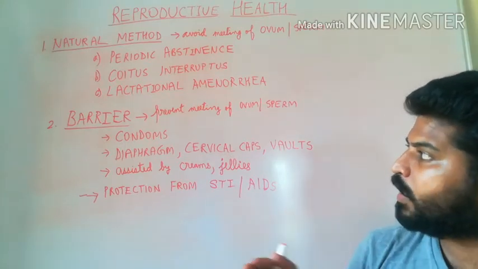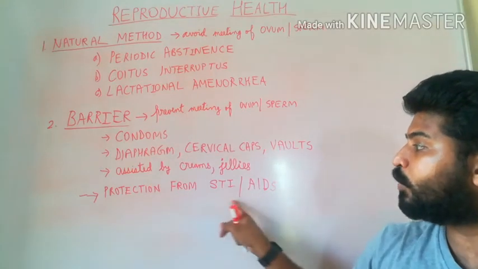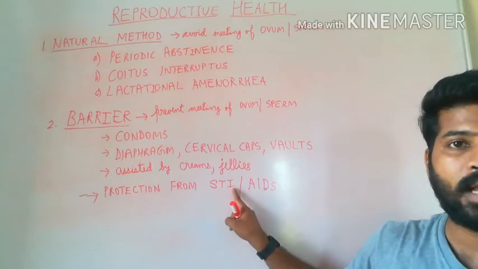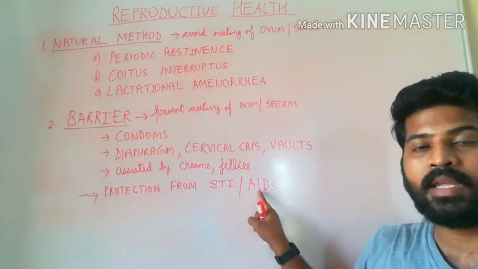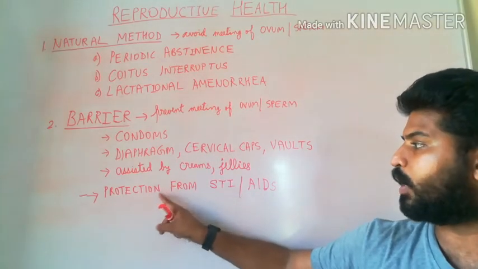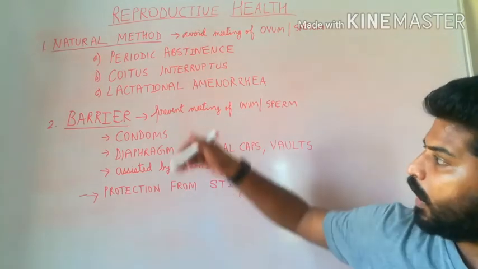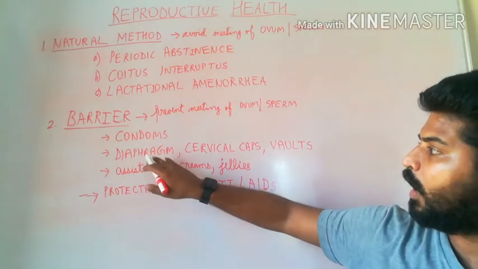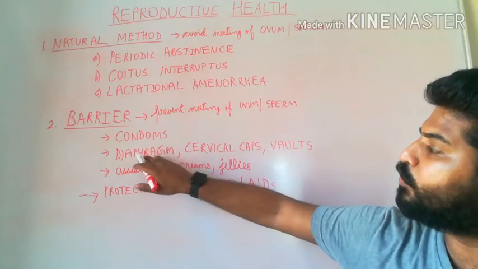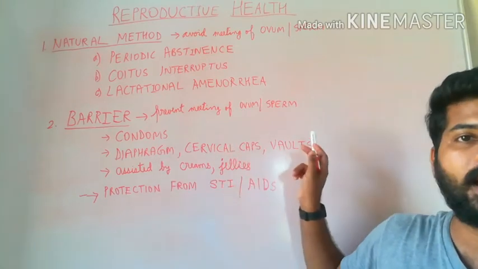One added advantage of the barrier method is that they also offer protection from sexually transmitted infections and also from the deadly HIV/AIDS. Other than the condoms, there are devices which are meant only for females, for example diaphragms, cervical caps and vaults.